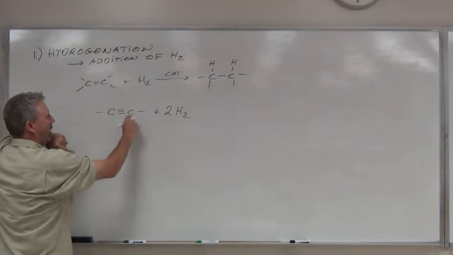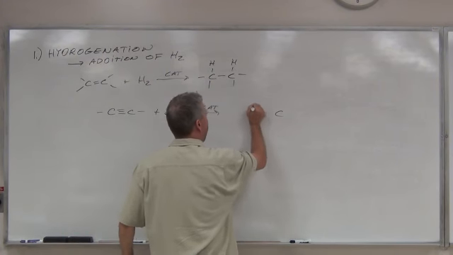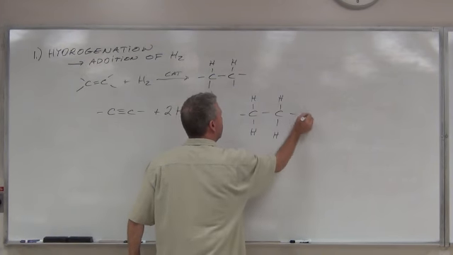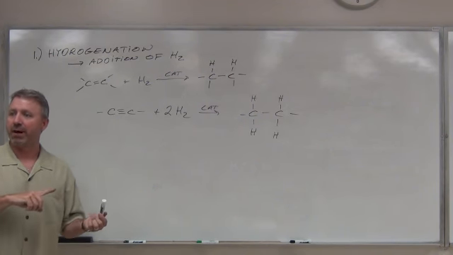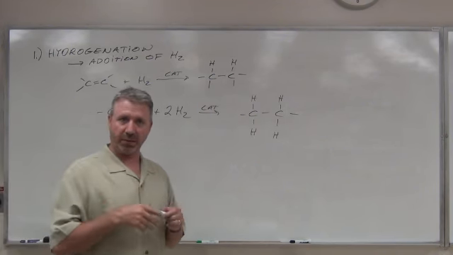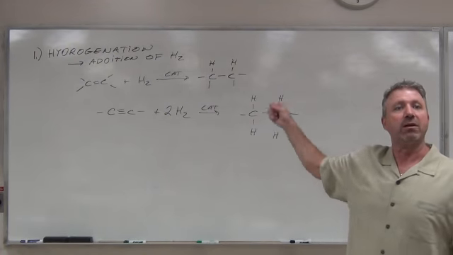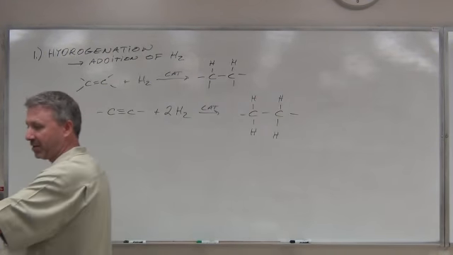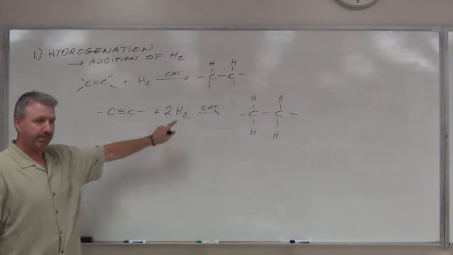So you need 4 hydrogens, right? Again, it'll require a catalyst, and the added hydrogens will show up like so. You need 1 mole of H2 to break a mole of bonds. So if you have a triple bond and you want to break that down to single, you got to break 2 bonds, which means you need 4. Okay? Any of these reactions that we're showing for alkenes will run with alkynes if you double the number.